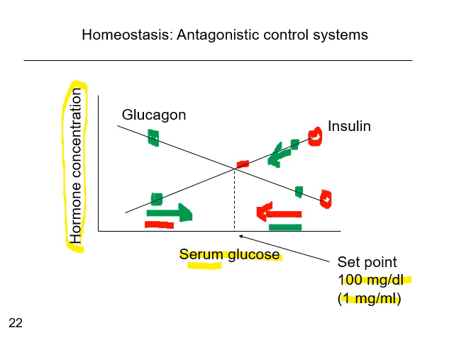Increased glucagon and decreased insulin causes increased glycogenolysis, increased lipolysis, and decreased protein synthesis. And so those things, the breakdown of glycogen and the breakdown of fat, are going to tend to increase blood glucose back to its set point. So glucagon and insulin are the antagonistic controls that help keep us within a fairly narrow range of blood glucose concentration around the set point.